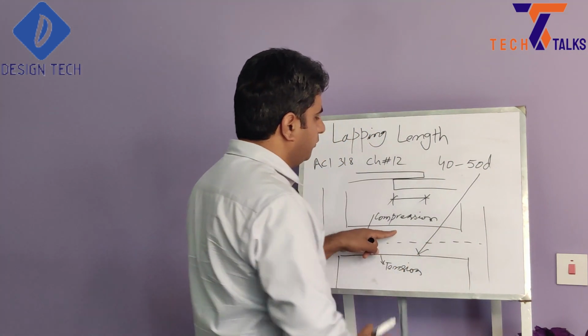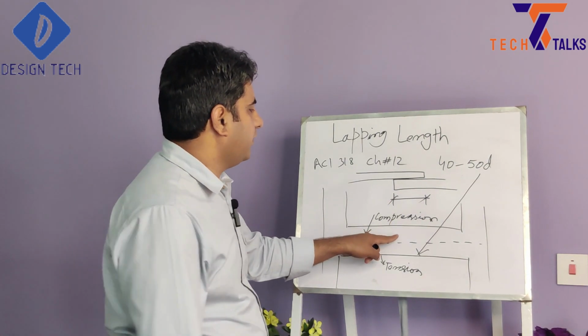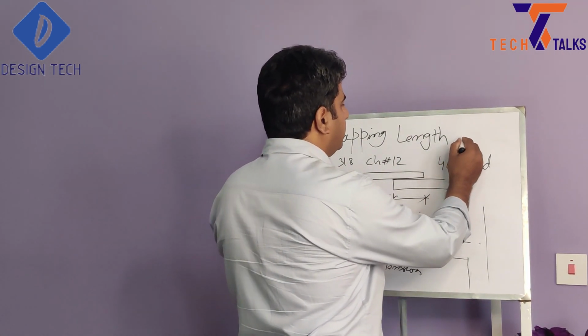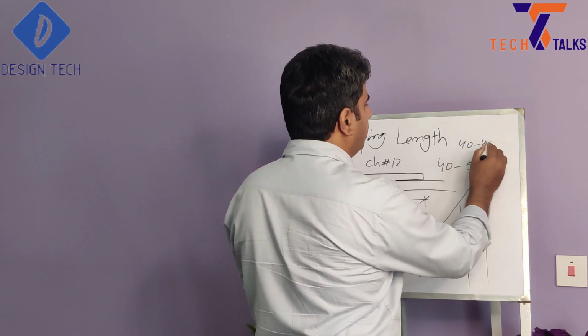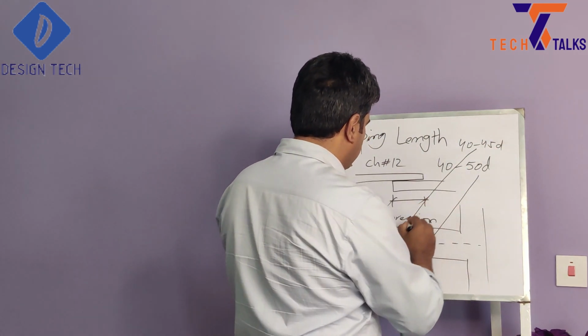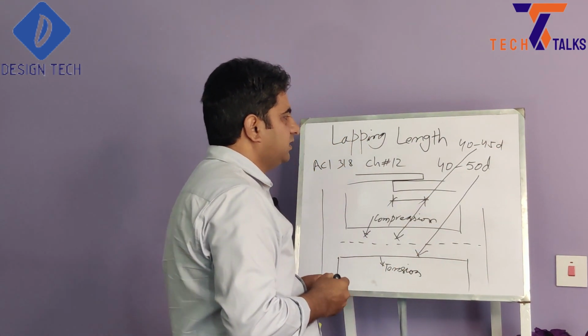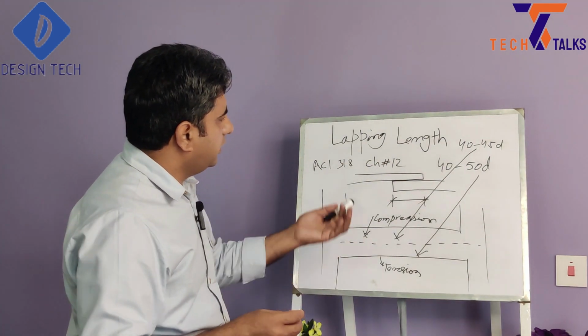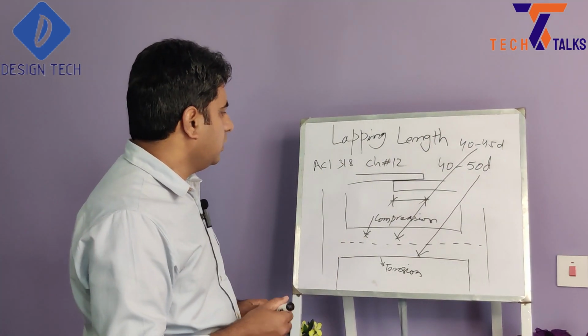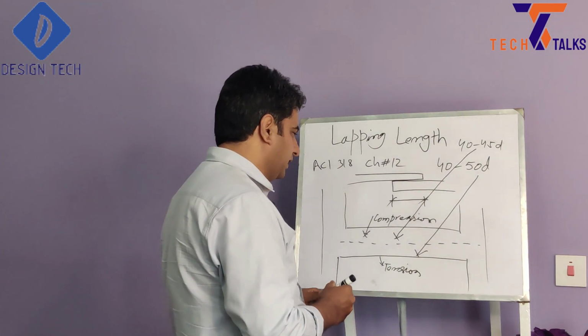And when we are going to calculate lapping for compression zone, then it can be between 40 to 45D. So these are the thumb rules which simply we can follow for lapping length.